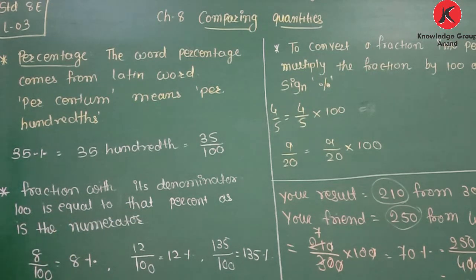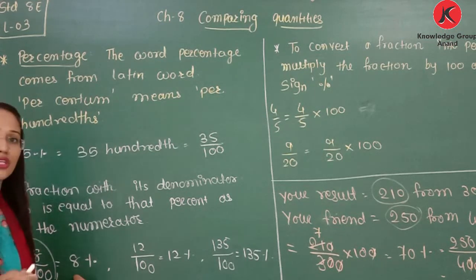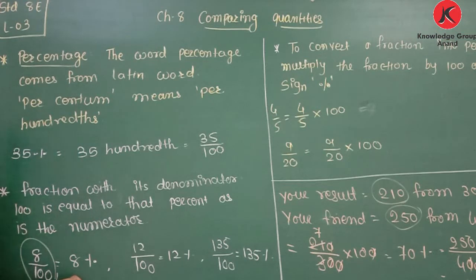Now, if we want to find the percentage of a given fraction whose denominator is 100, consider the fraction 8 by 100. You can see the denominator is 100, so it is equal to 8%. If the denominator of a fraction is 100, the percentage is the numerator with the percentage sign.